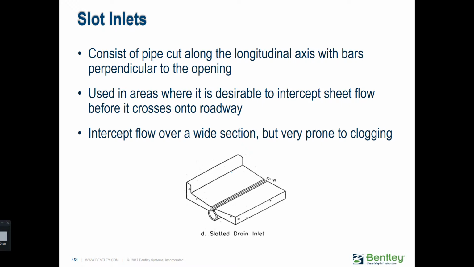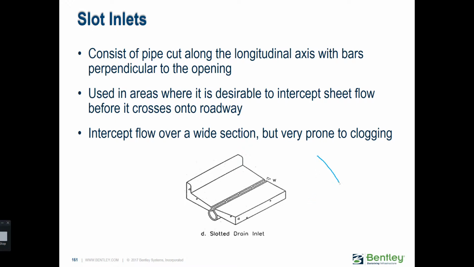There are also slot inlets, and it's basically something that looks like that. So it looks like a pipe with a cut on the top that allows flow in that direction. You want to do this when you have sheet flow before it crosses onto the roadway. So you can see them even perpendicular to the road a lot of these things.